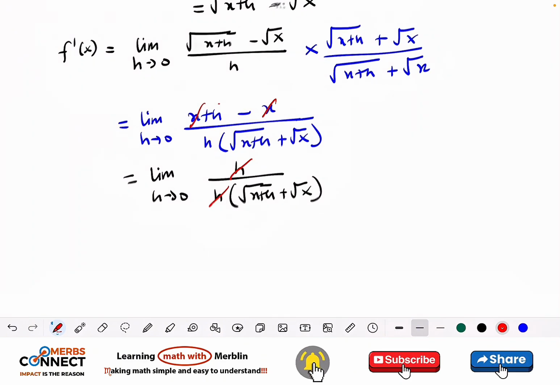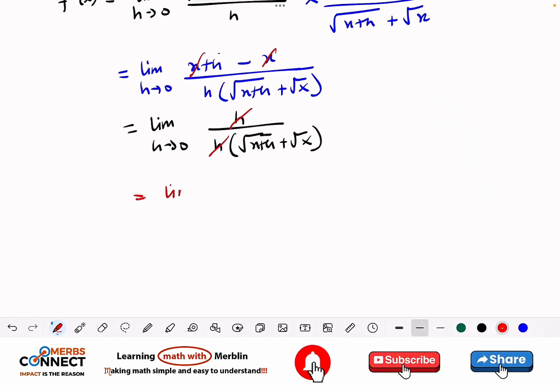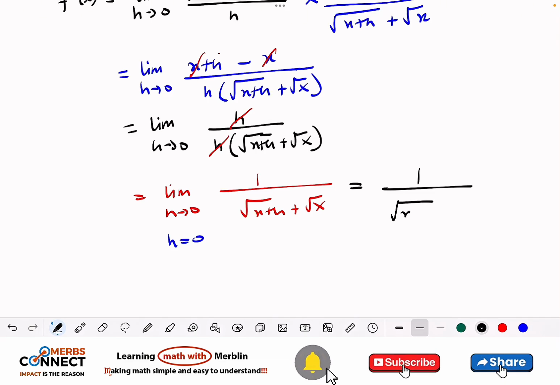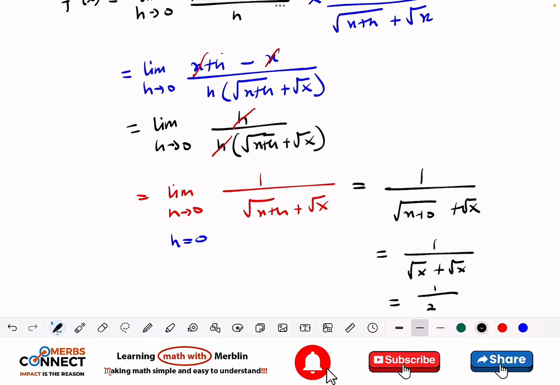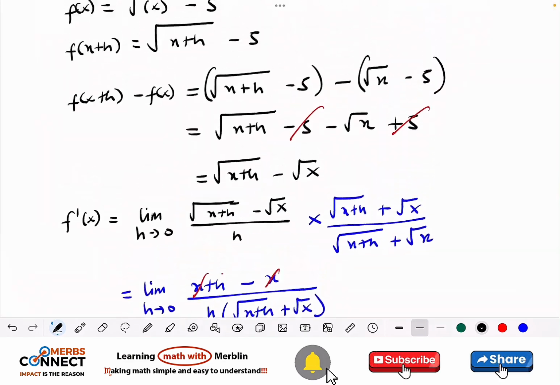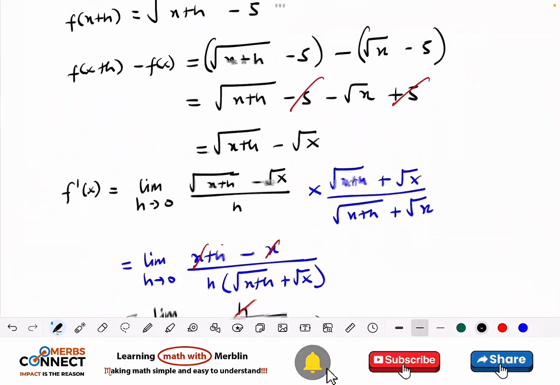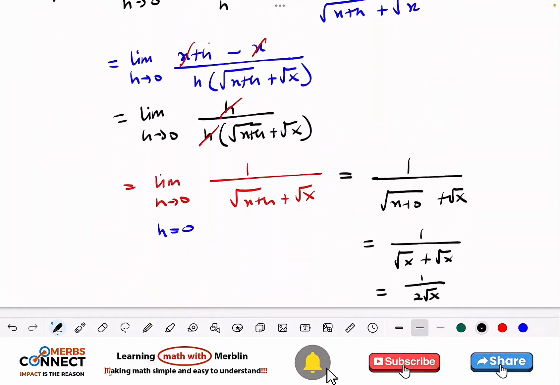Now another magic: the h that is worrying us is gone. So we have square root of x plus h plus this. Set h to 0 and plug it in. We are going to have 1 divided by square root of x plus 0 plus square root of x. This is 1 over 2 square root of x. Good. So this is what I'm going to get.